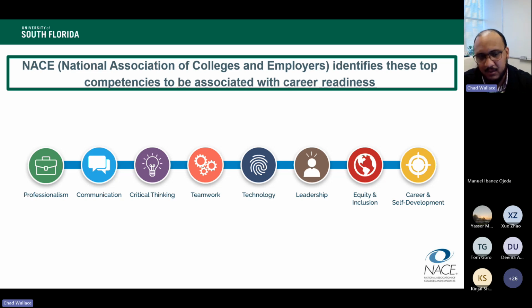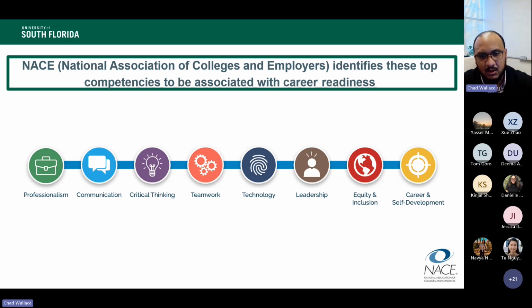Think about the healthcare field. They have access to all your information, from your health history to your personal history, and that is confidential information. So there's an ethical component to that, and being able to understand that from a technological standpoint is part of this competency.